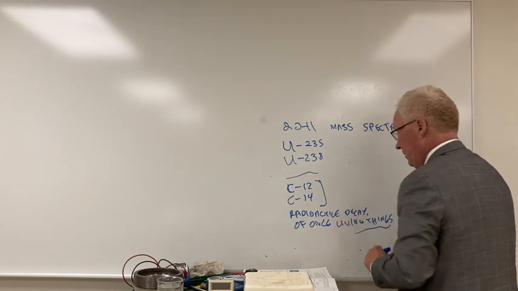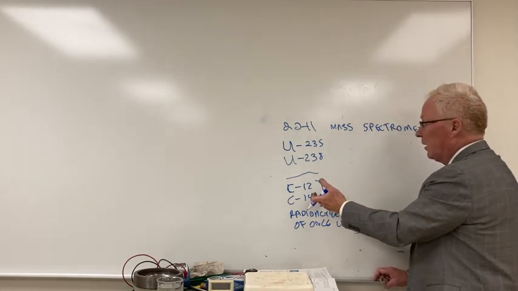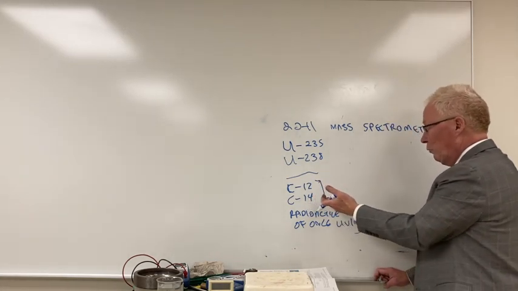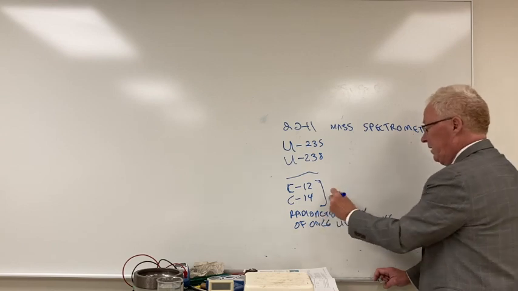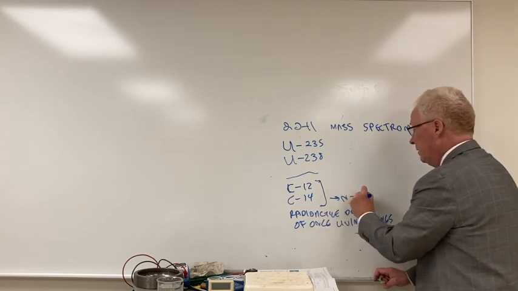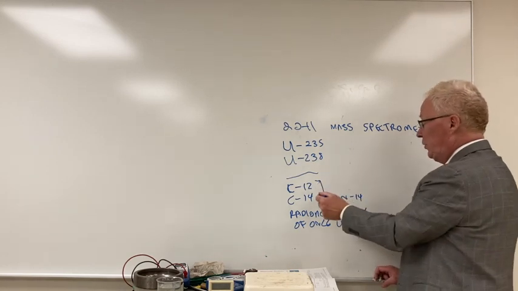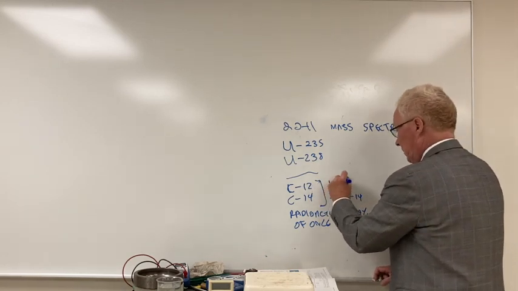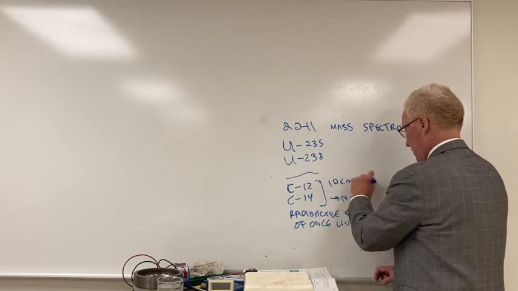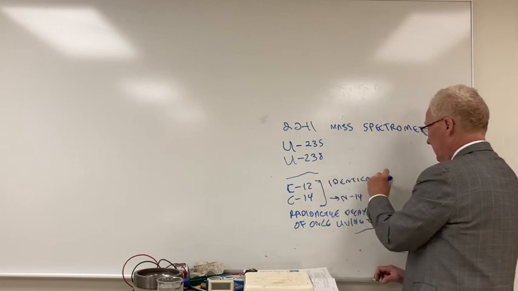I'm not going to get into this, but it turns out carbon-14 is what we call radioactive. It decays to nitrogen-14, which we'll get into. But these two are identical chemically.